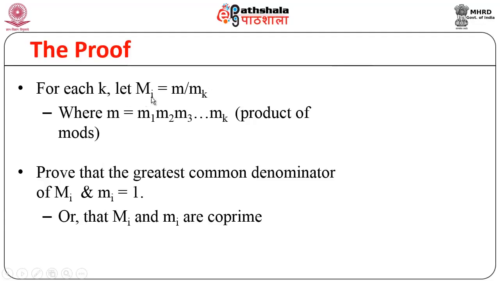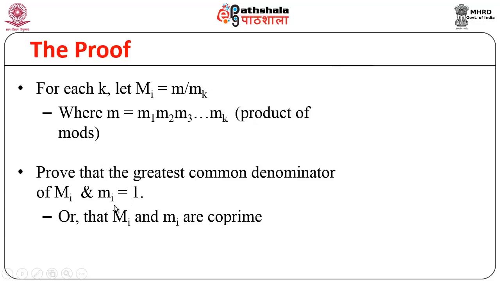let Mi is equal to M divided by mk, where M is the product of m1, m2, m3, that we found out. Then it proves that the greatest common divisor of Mi and mi is equal to 1.